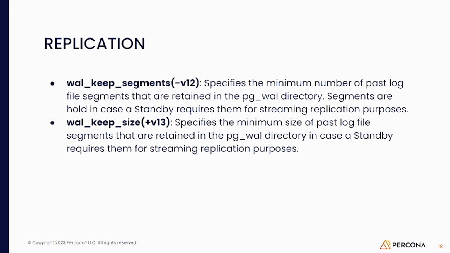And if you want to decide the proper size for that, you need to do some maths, which are related to the number of segments and the size of the segments, which by default is 16 megabytes. In the newer versions, it was modified so you can specify the size of the walls you want to retain for replication in a straightforward way.